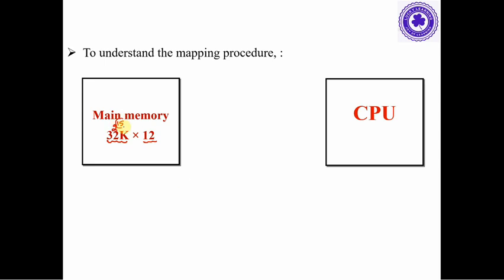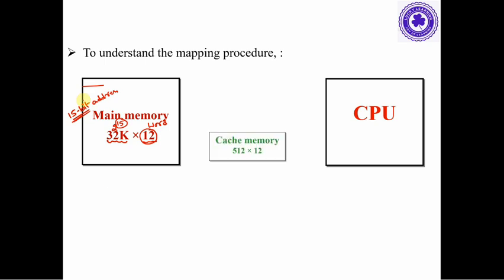It means it requires a 15-bit address to address the main memory. And each word is how many bits? 12 bits. So each word is 12 bits, and we have 32K words. To address each word in memory, we use a 15-bit address.